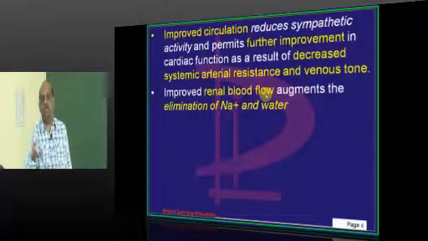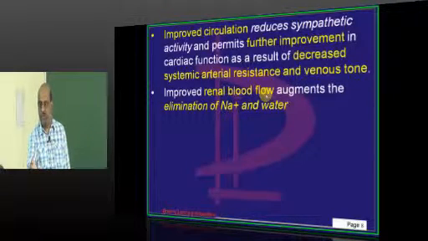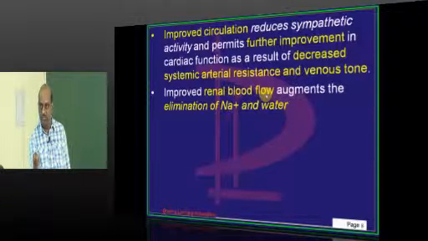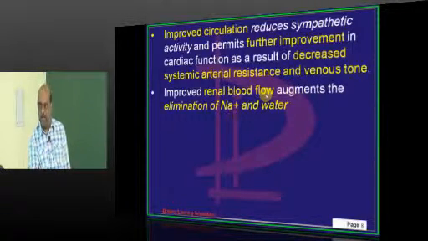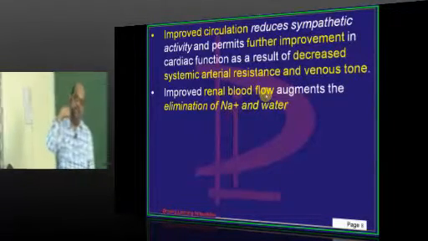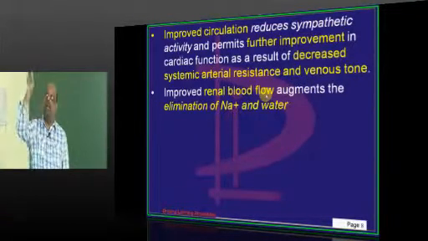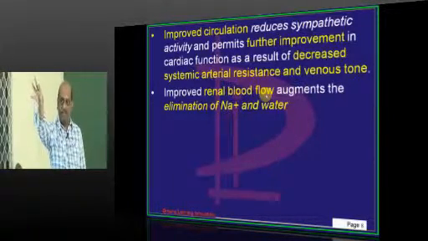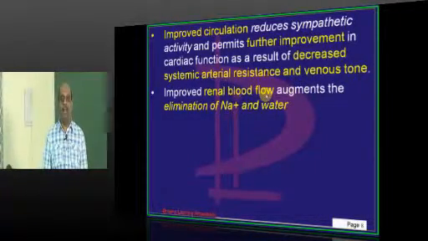A failed heart will pump less stroke volume. Decreased stroke volume will lead to decreased volume in the vessels that will be sensed by the baroreceptors, that will tell the brain, and sympathetic activity will increase. Already it is a failed heart.